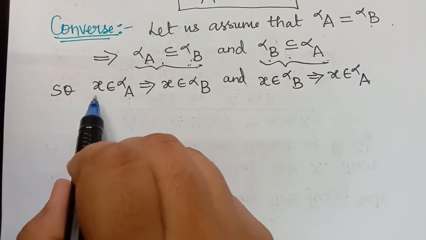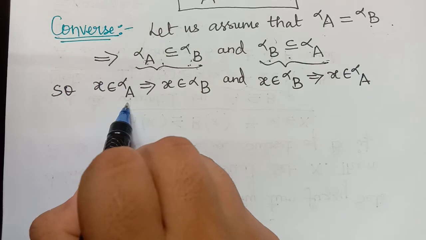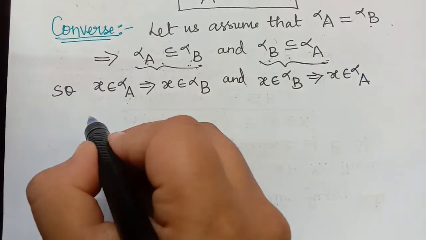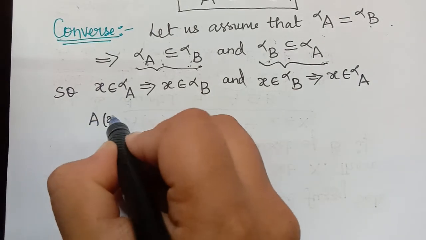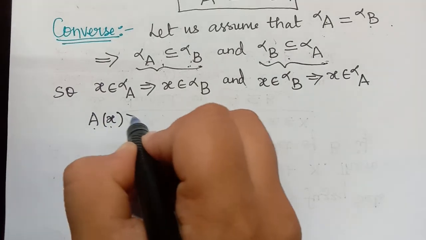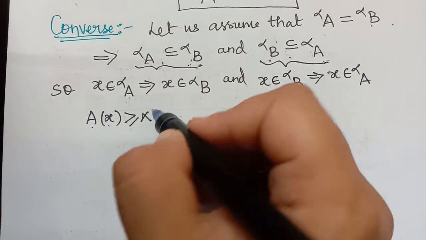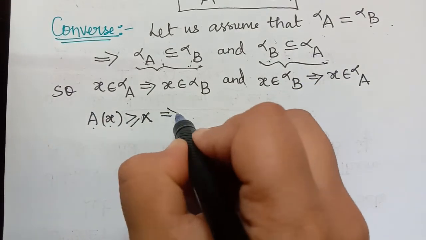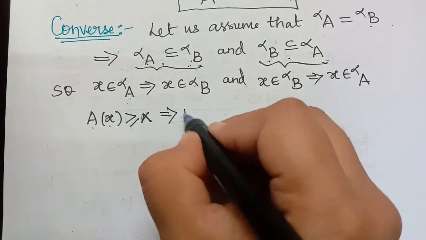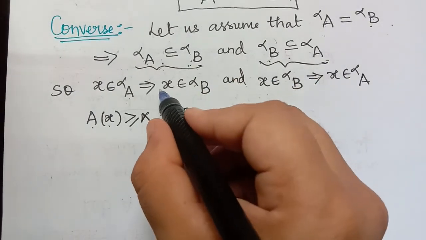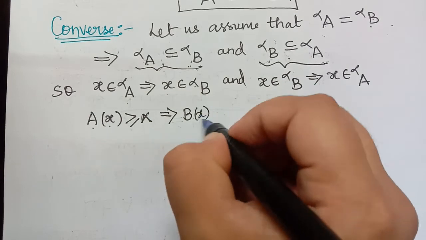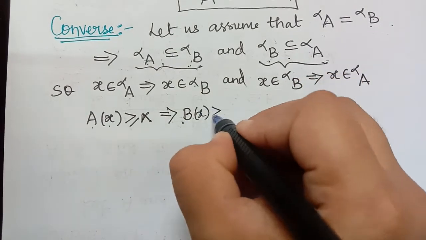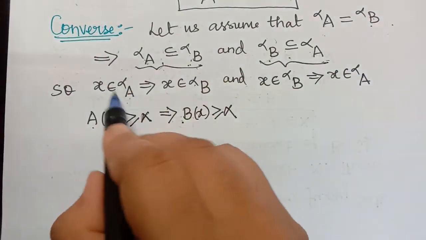Now what do we mean by x an element of alpha cut of A? We mean that the membership grade of x with respect to the fuzzy set A is greater than or equal to alpha. Now this will imply that the membership grade of the element x with respect to the fuzzy set B will also be greater than or equal to alpha, because this implies this.